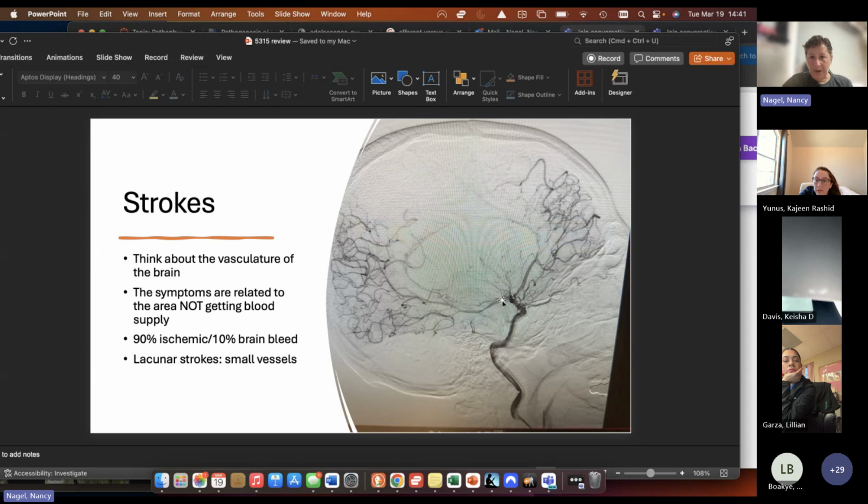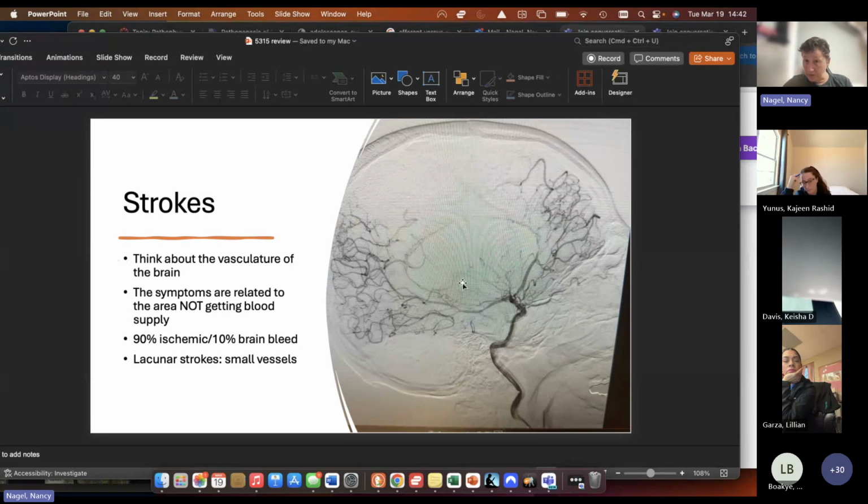But you see this gap that's right here. So this person has a very large occlusion in the middle cerebral artery. And so you see what a huge vascular territory this person is not getting perfused because of that occlusion.